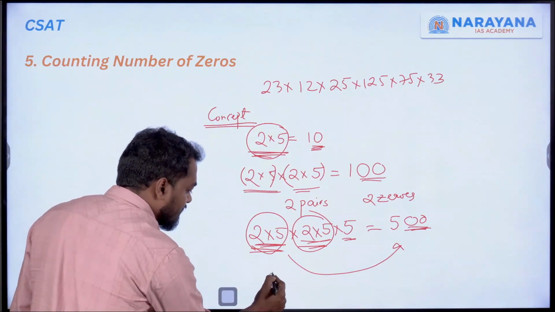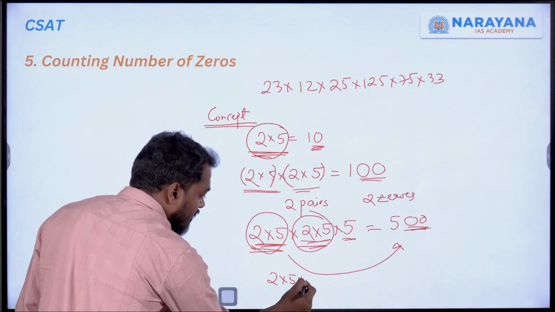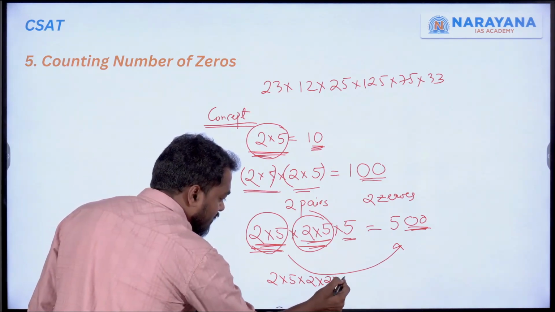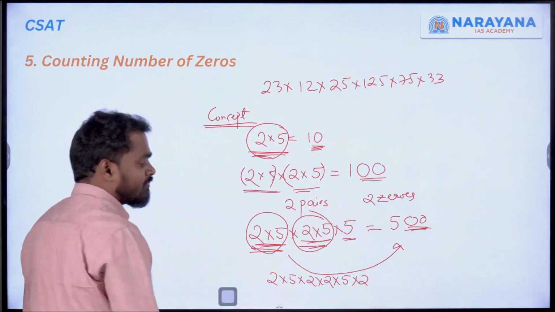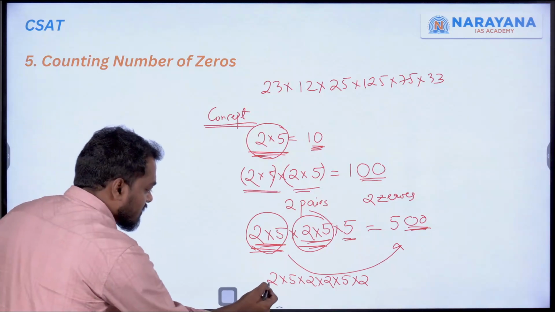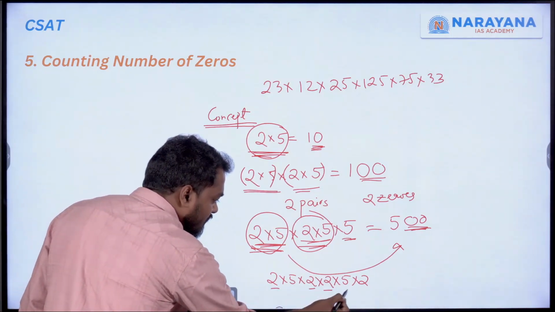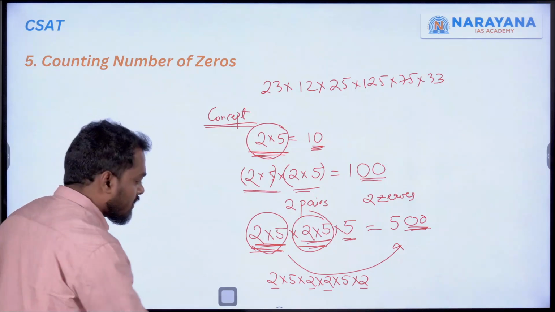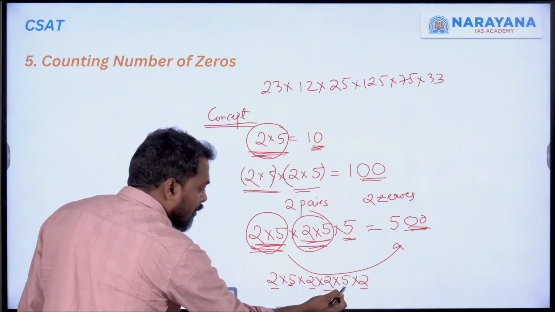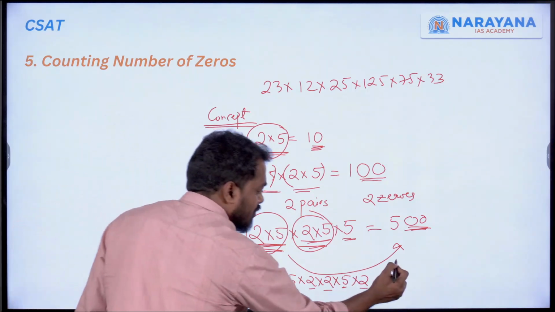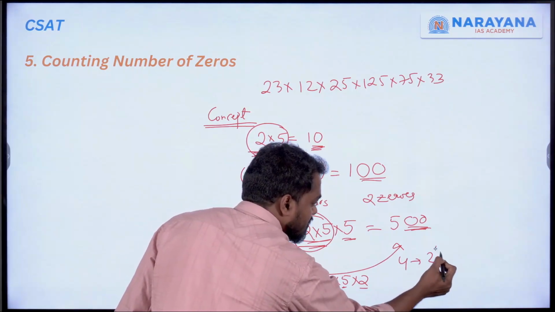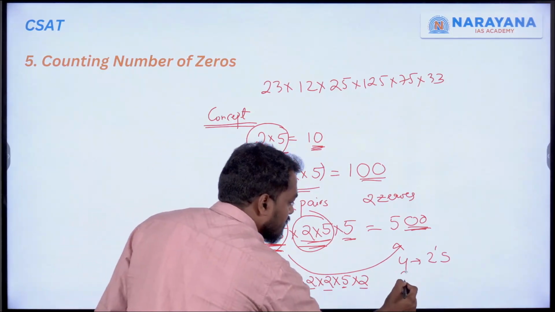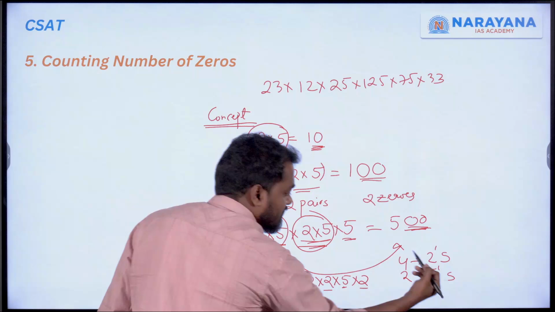Similarly, if there is 2 into 5 into 2 into 2 into 5 into 2. In this, there are 4 2's, but there are only 2 5's.